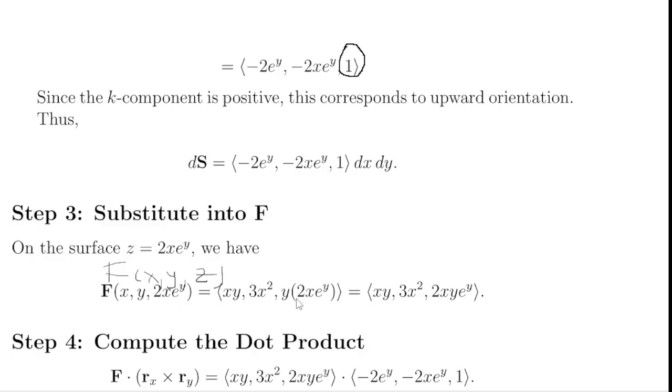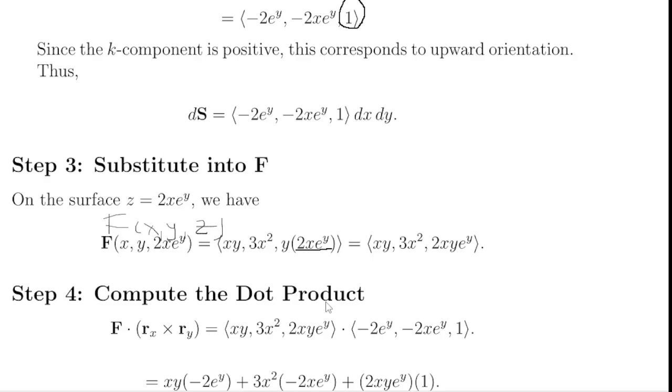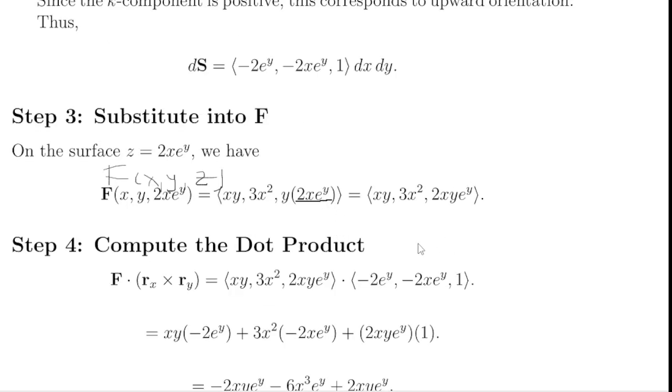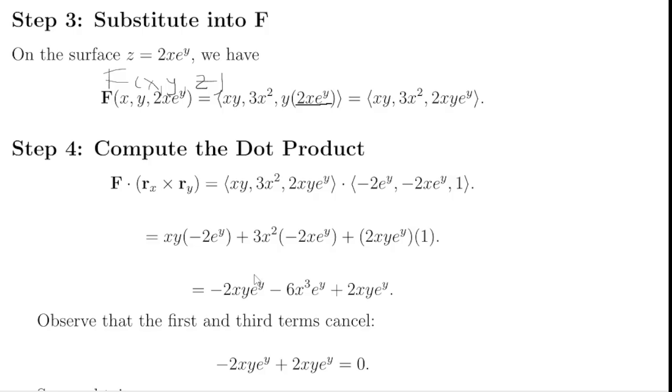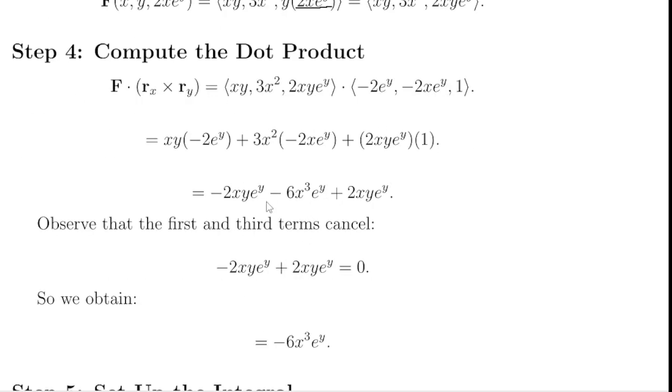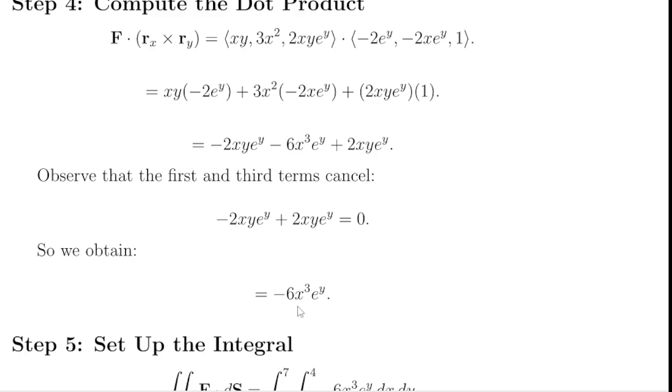And then we'll substitute that in here because remember it was xy, 3x squared, yz, but we replace z with 2x e to the y. We multiply that, and then we compute the dot product. So all this is going inside the integral. When you compute the dot product, we end up with negative 6x cubed times e to the y.